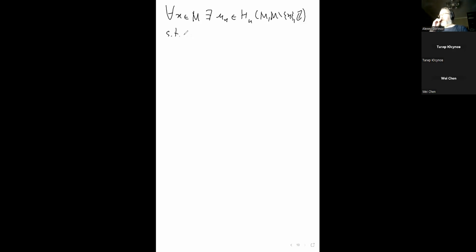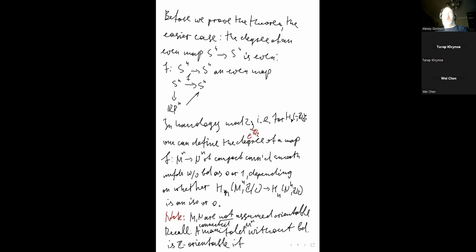Let me change this to make it easier for compact manifolds. So let's assume that the manifold is compact.